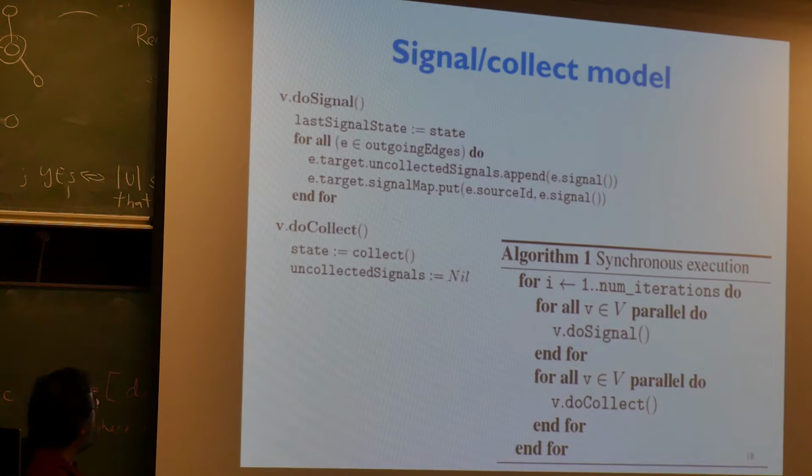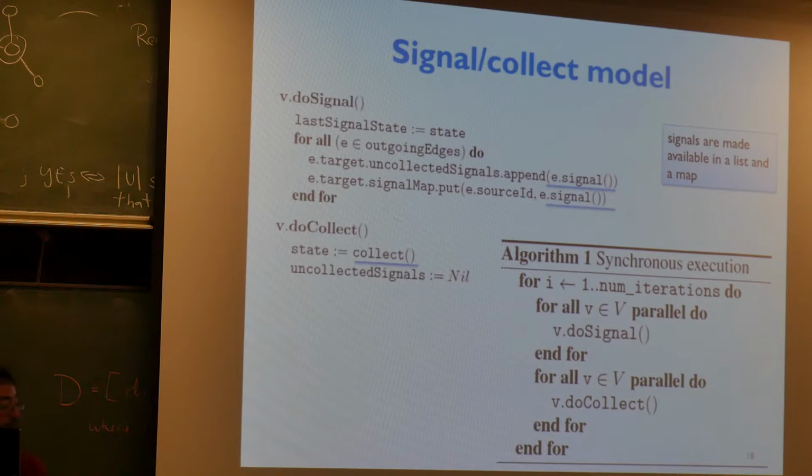And when you're doing the collect, you just call the collect function, and then you reset the list of uncollected signals because you've now collected them. So this is the basic idea. It's calling e.signal and collect for the state. That's what defines the semantics of those things.